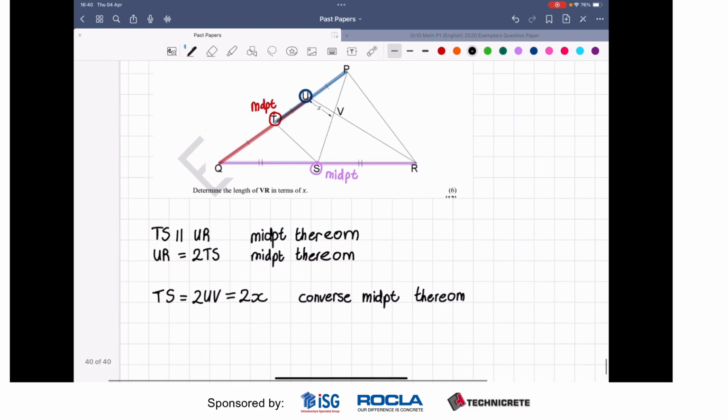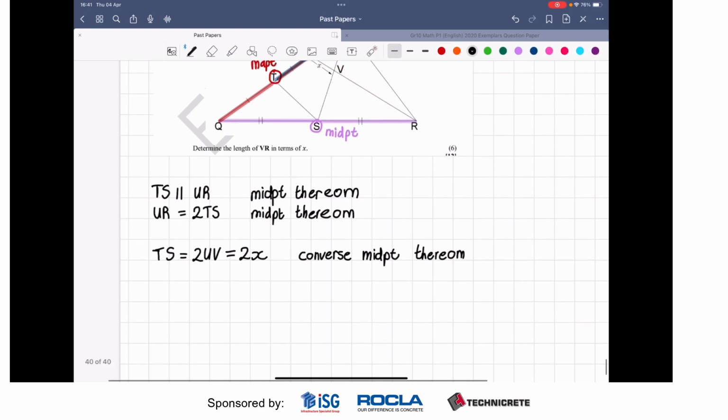So now I know that TS is equal to 2x, and I had said that 2TS is equal to UR, which is this whole line here, which means that UR is equal to 2 times 2x, right?